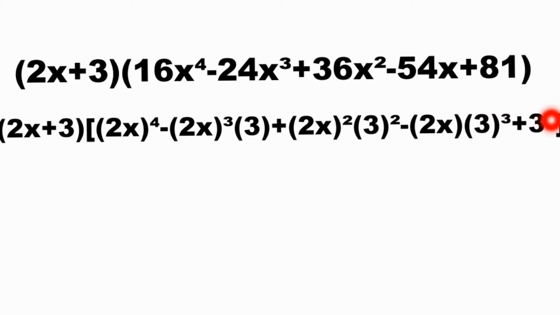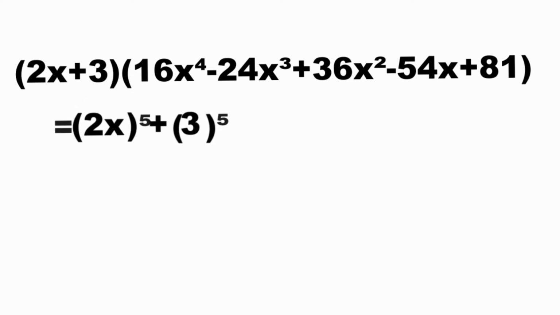So the answer for this is, you just cube here 2x, and you just raise this to the power of 5. So 2x to the power of 5 plus 3 to the power of 5.